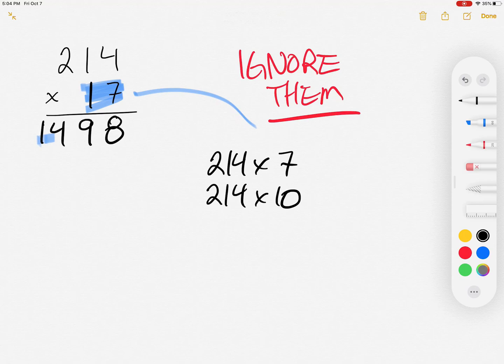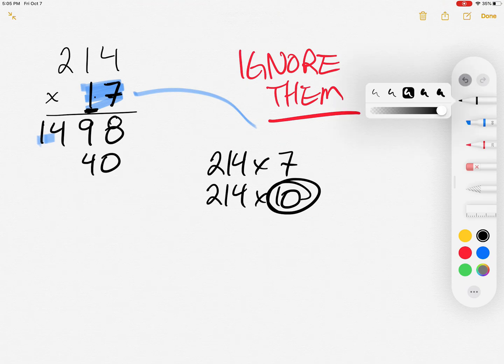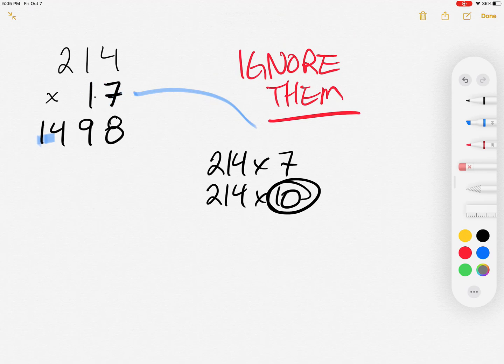Now, there are so many different ways to think about this. I actually like to look at this and go, well, what's 10 times 4? Well, 10 times 4, because this is in the 10 spot, just like we see down here, would be 40. Now, some students don't like that. So the other way to do this is I ask myself, is this 1 right there in the ones column?